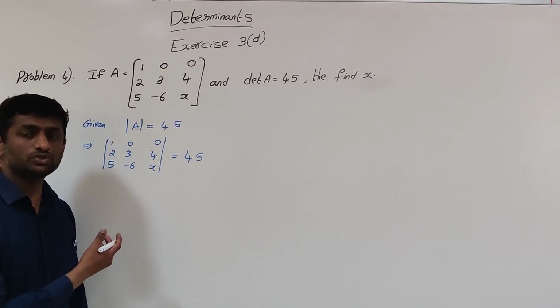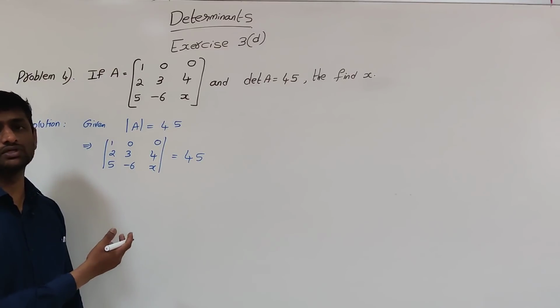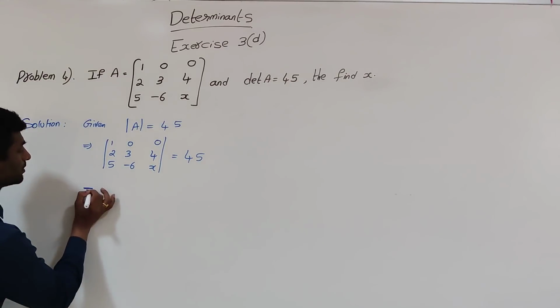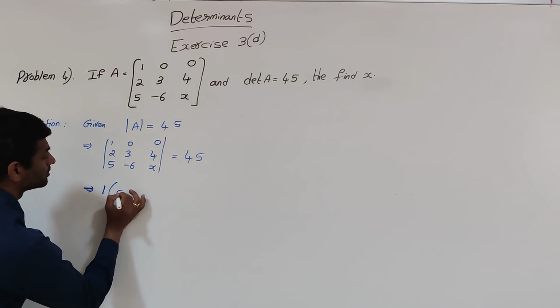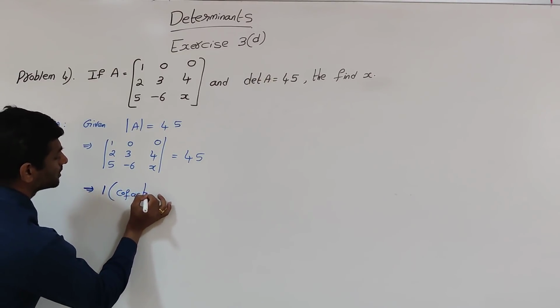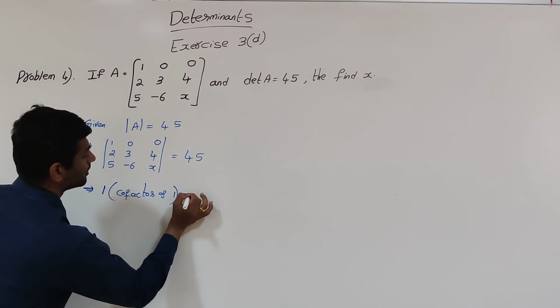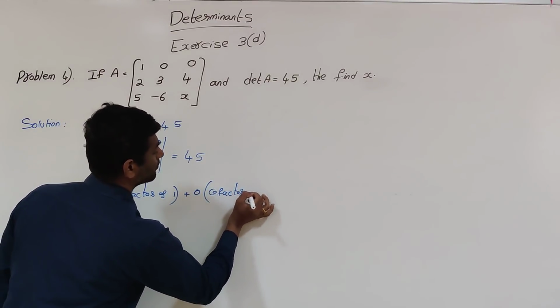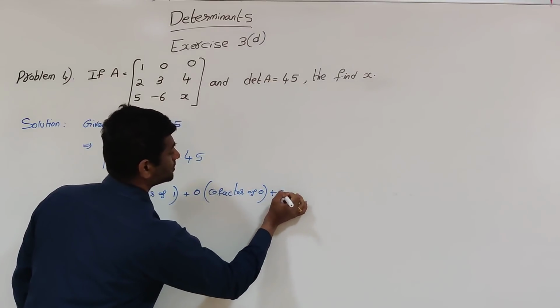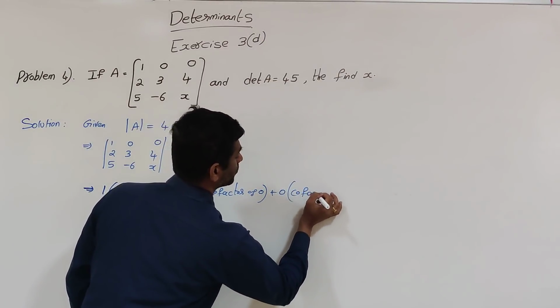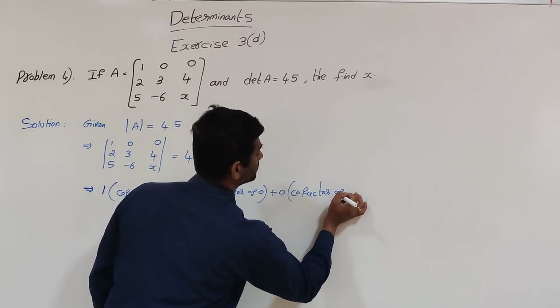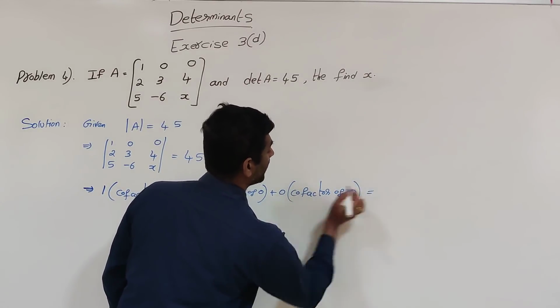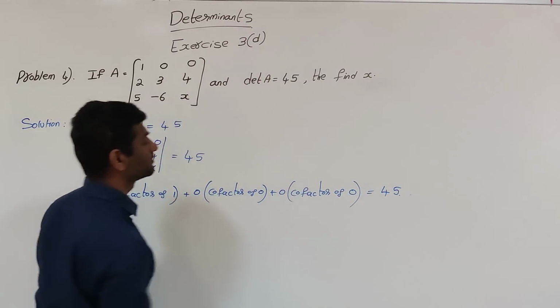So we choose the expansion using the first row: 1 into cofactor of 1 plus 0 into cofactor of 0 plus 0 into cofactor of 0, and the entire value is equal to 45.